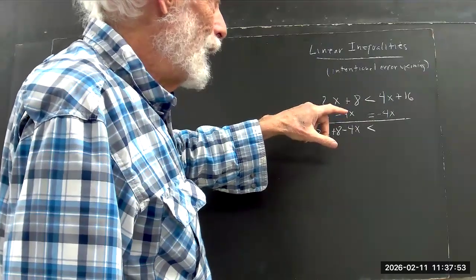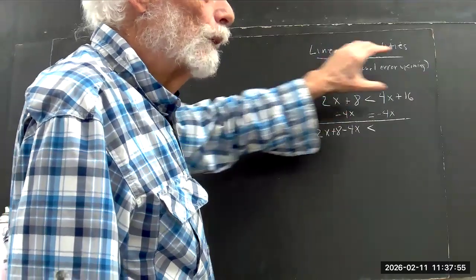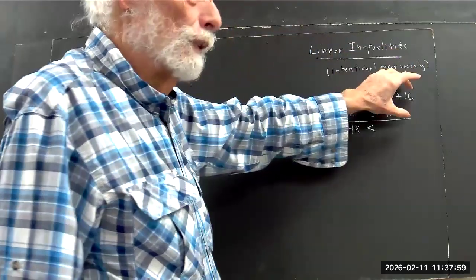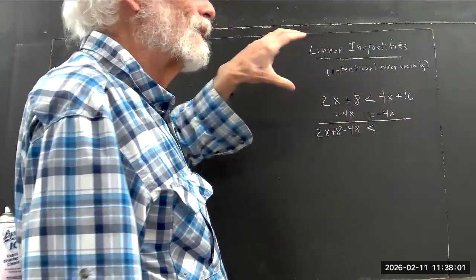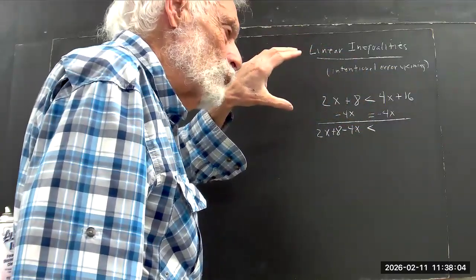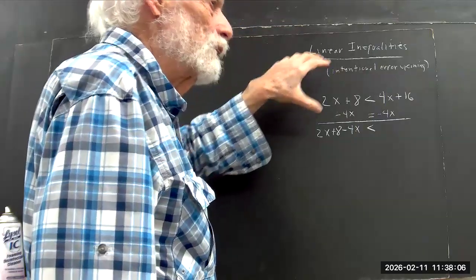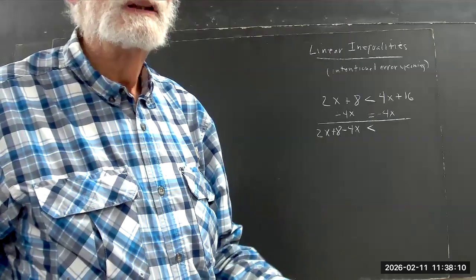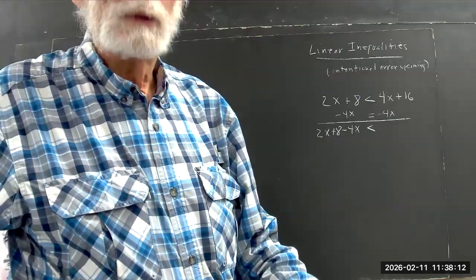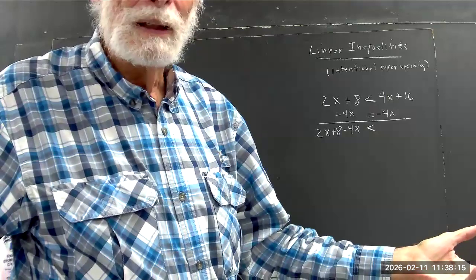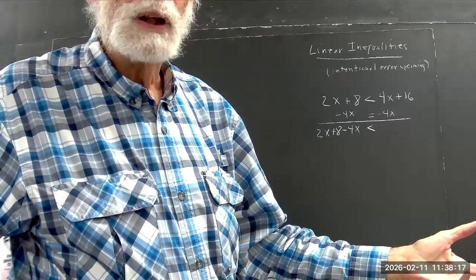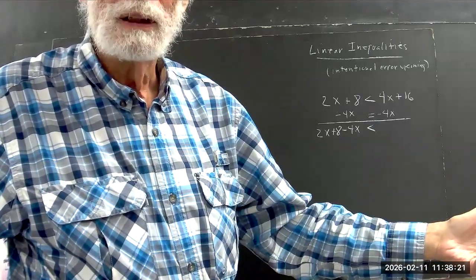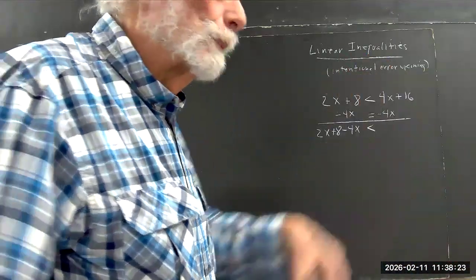So if I add the same thing to two other things, and one of them is less than the other, well, when I add, that thing is still going to be less than the other, okay? If I add the same thing, something on my right that's less than something on my left, what I end up with on my right is going to be still less than what I end up with on my left.